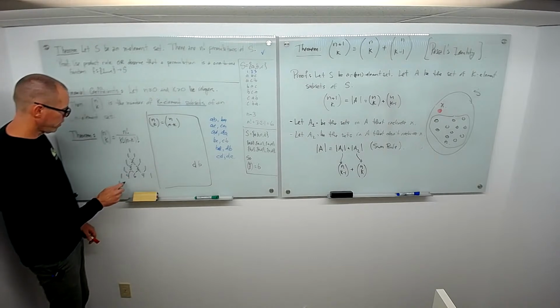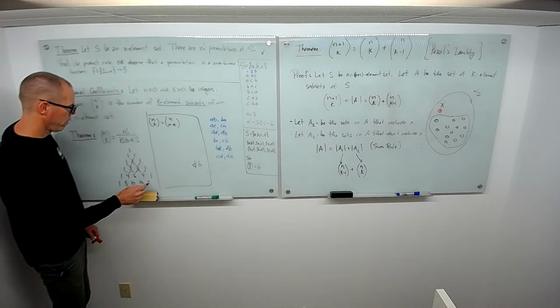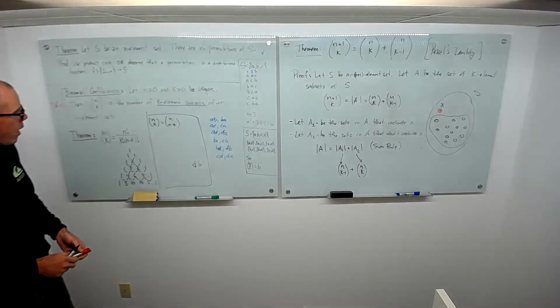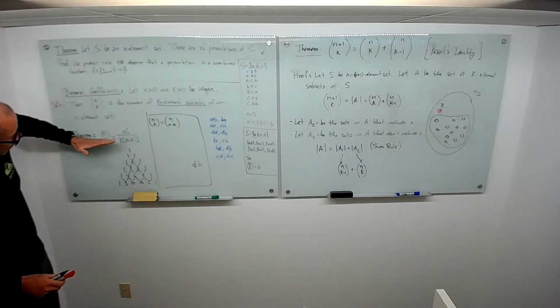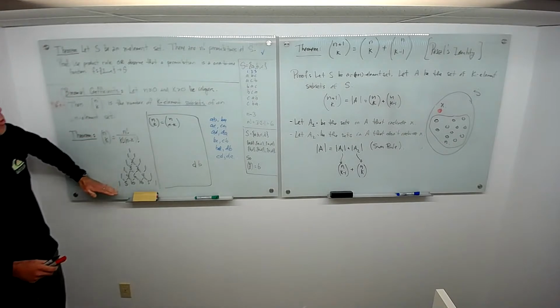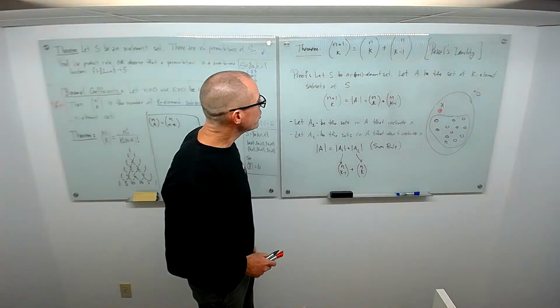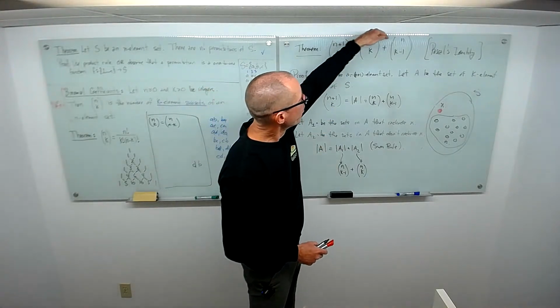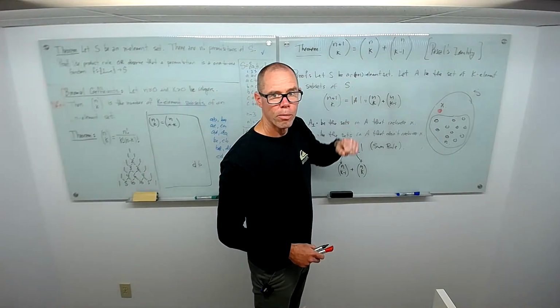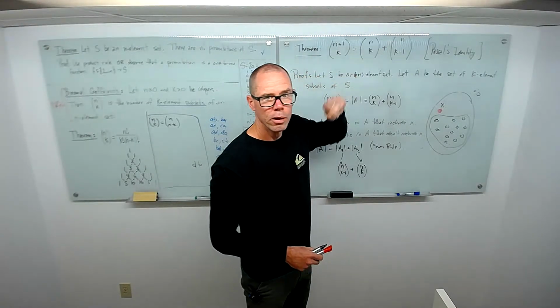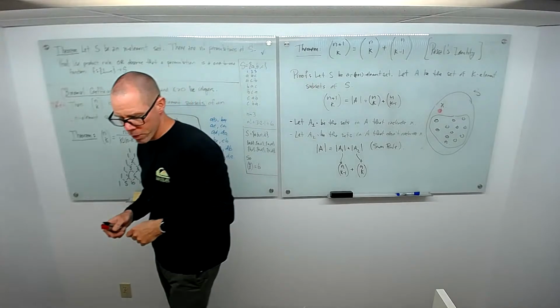And so on. Here we get 1, 5, 10, 10, 5, 1. The n plus 1th row in Pascal's triangle is this thing. Each entry in that row is the sum of two entries in the previous row. That's where this comes from.